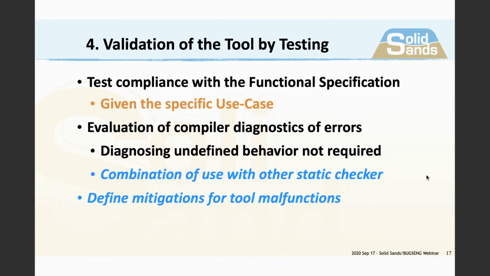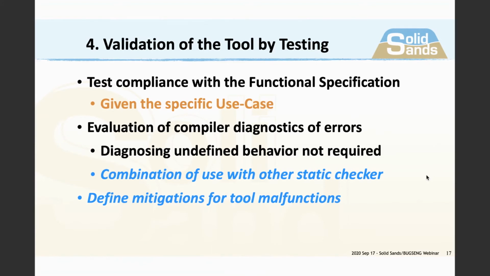A very big part, and a weak part, of compiler compliance is also the correct recognition of errors in the compiler, giving the correct compiler diagnostics. And that's often a weak point.